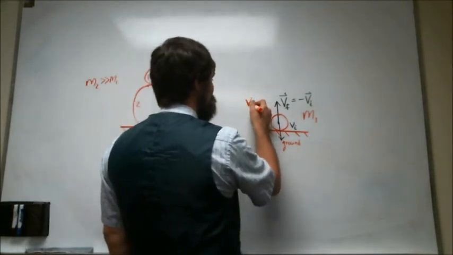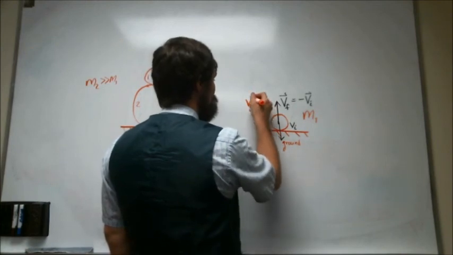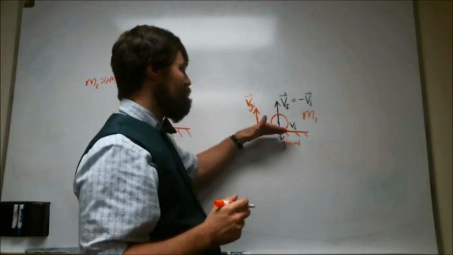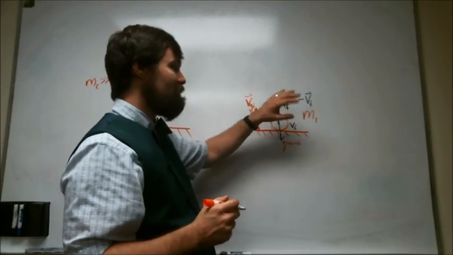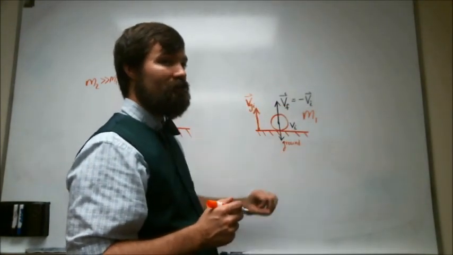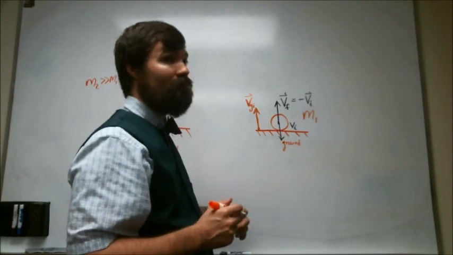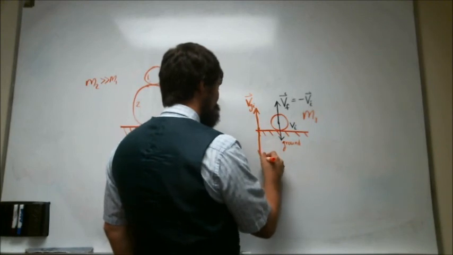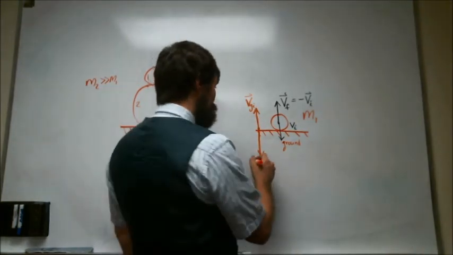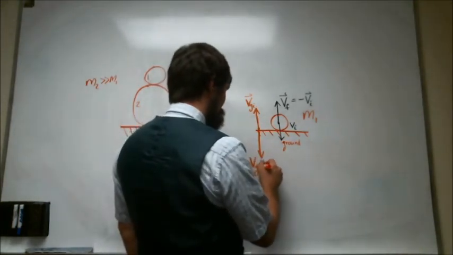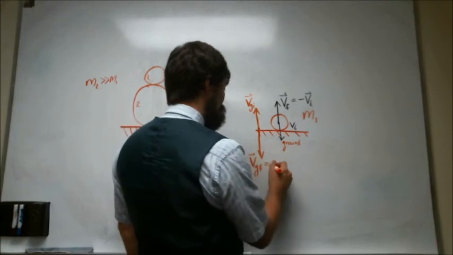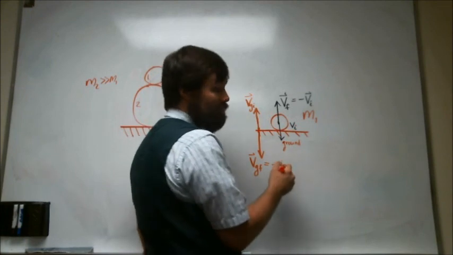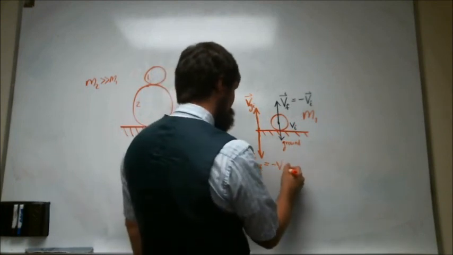So the ground's initial velocity would be straight up like that. Then when the ball hits the ground and deflects, in the ball's new reference frame the ground is now falling away from it with a velocity that is just the opposite of the old velocity the ground originally looked like it was rushing towards the ball with.